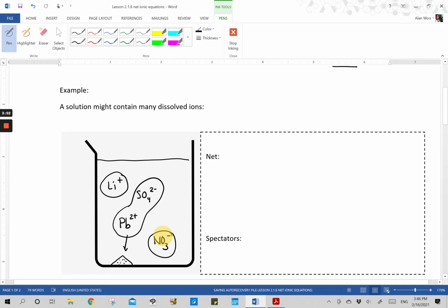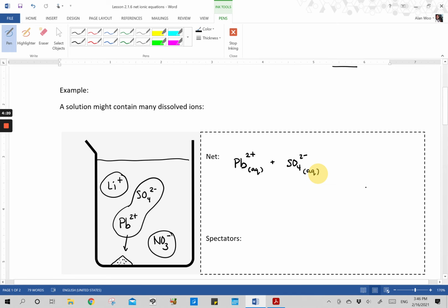So our net ionic reaction will look like this. You take the ions that are involved, so in this case Pb2+, because it's an ion, the state that it's in is automatically aqueous. Okay? We're going to add it to an SO4 2- ion, which is again also aqueous.